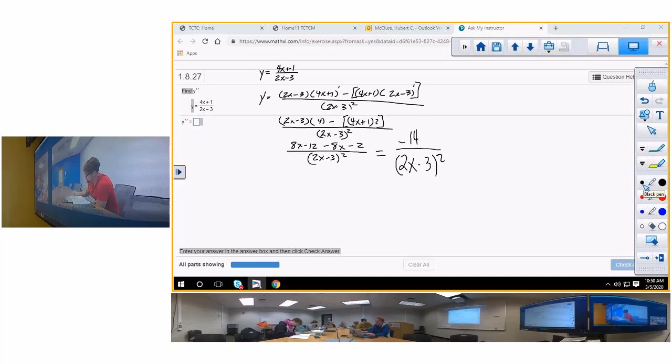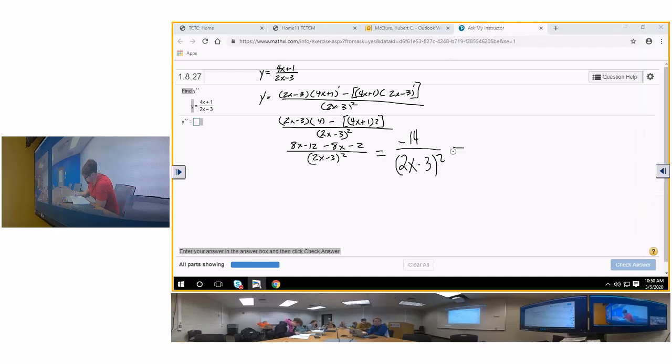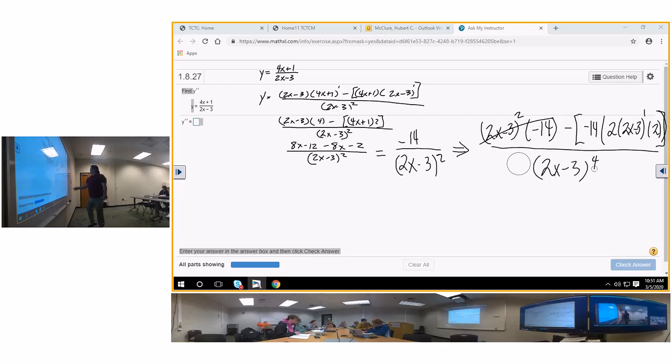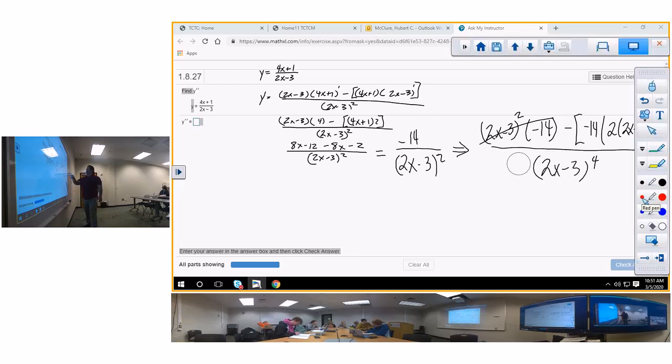All right, so here we're going to take the second derivative, and that's going to be denominator times numerator prime. Oh, that's easy. That goes out. Minus the numerator times denominator prime, which would be 2 times (2x minus 3) raised to the 1 power times 2. Somebody check my derivative there, please. All over (2x minus 3) to the 4th power. Now somebody tell me why that first part goes out.